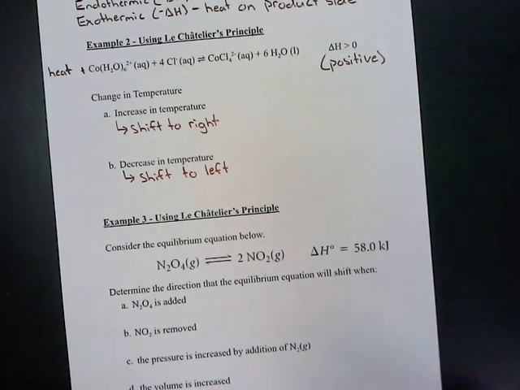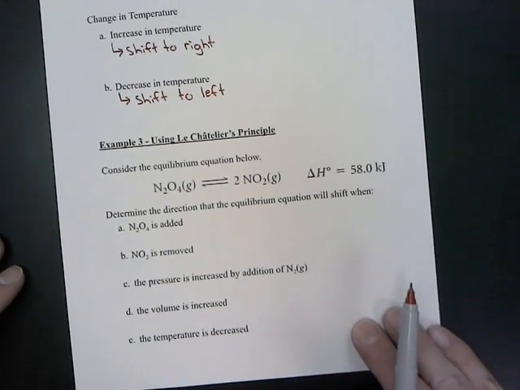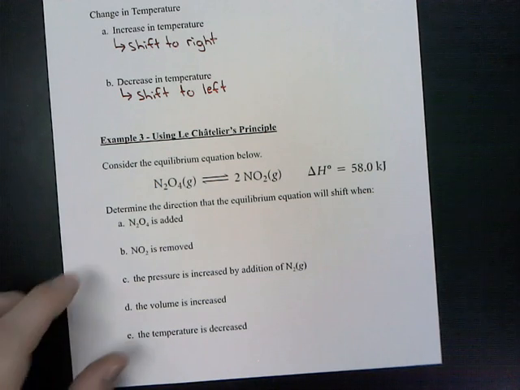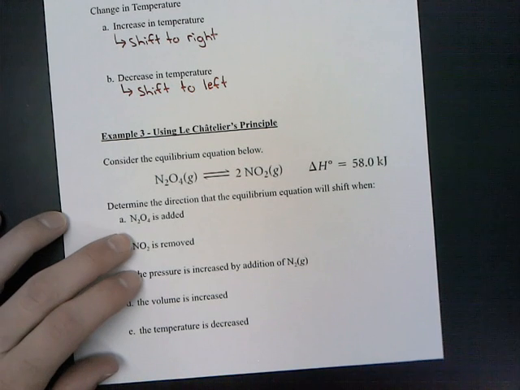All right, so we know about heat, we know about adding concentration and taking away concentration, and the effect of pressure. So we can piece this all together in this third and final example. We want to know which way the equilibrium is shifted based on these constraints.